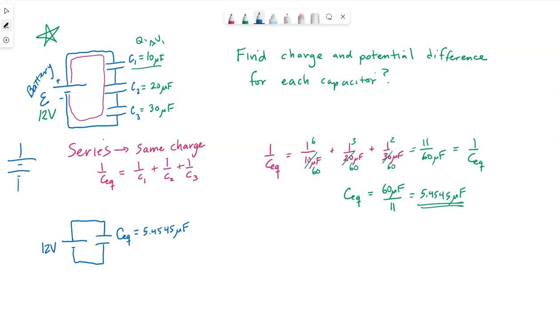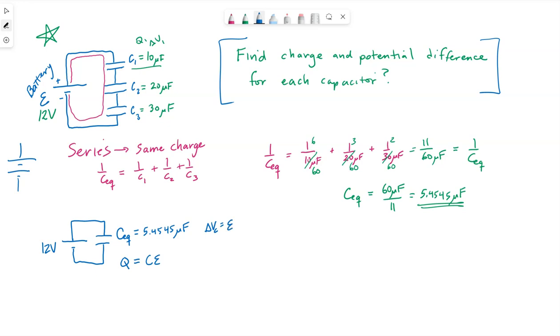All right. In terms of answering this specific question, though, what I need to do now is find Q on this equivalent capacitor. Because I know if I have an equivalent capacitor, a single capacitor, then the delta V for my single capacitor is equal to the battery voltage.